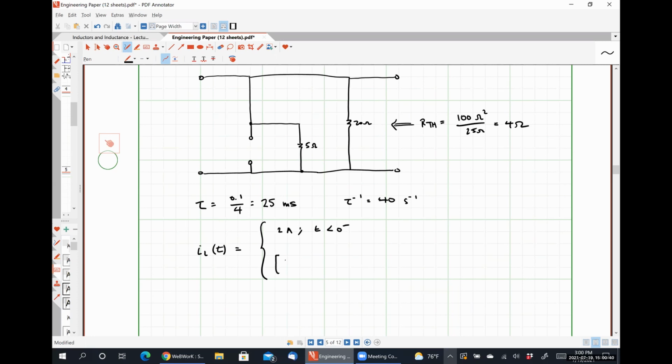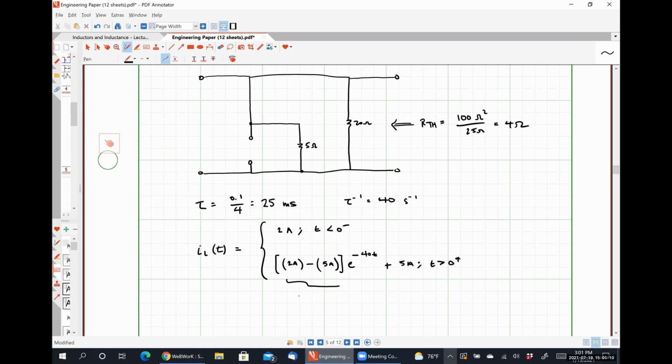What was IL at 0 plus? 2 amps. What was IL at infinity? 5 amps. e to the minus t over tau is going to be e to the minus 40t plus IL at infinity. We already know that was 5 amps.